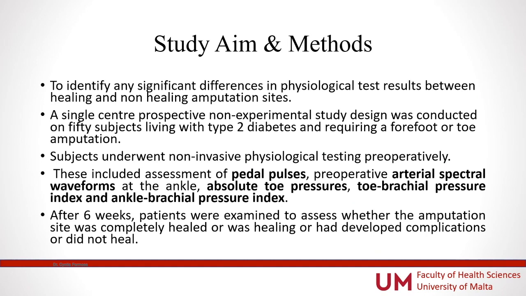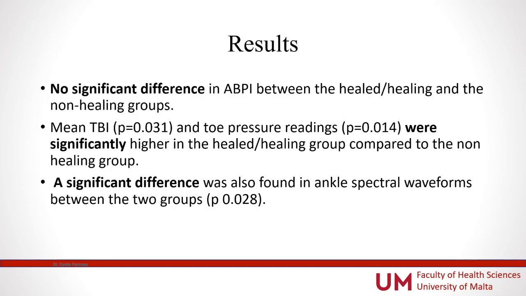Once again, our results showed that there was no significant difference in the ABPI measurements between the healing and the non-healing groups. However, TBPIs and ankle spectral waveform analysis did give an indication of which patients were more likely to heal than those who did not.